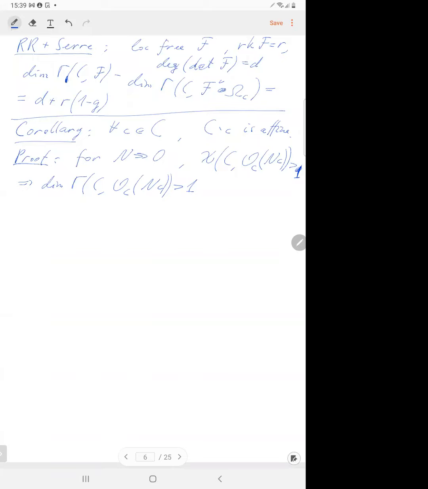Okay, and hence there is a non-constant function f on C with poles only at this particular point. And then we had a lemma some time ago that in this situation the complement is affine, so it's regular.